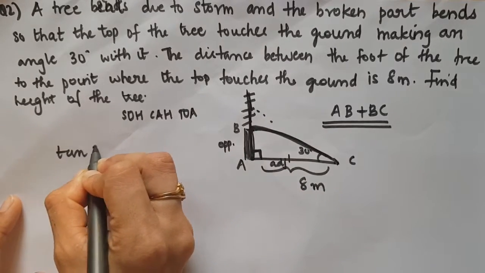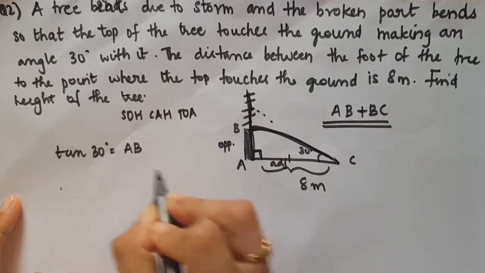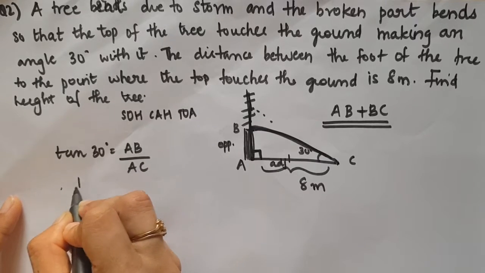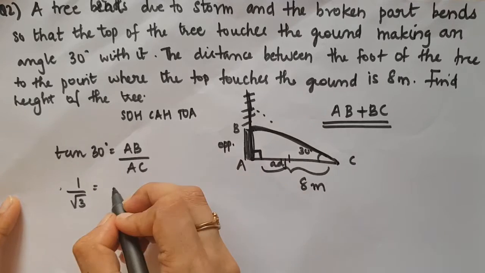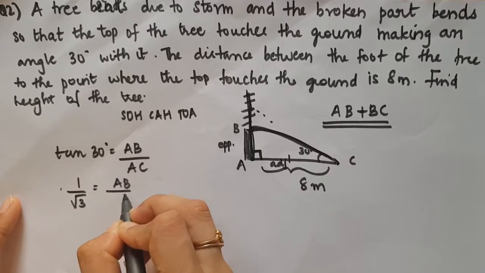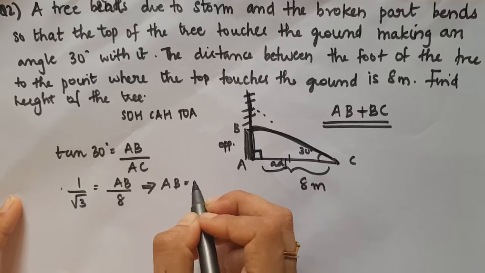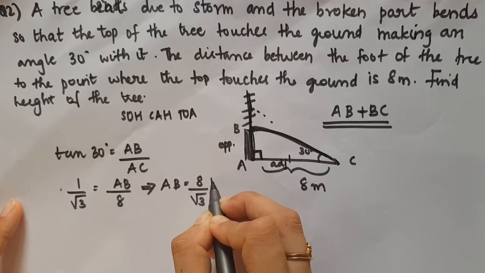Tan 30 degrees is equal to opposite AB by AC. Tan 30 degrees is 1 by root 3, equal to AB, which is not given, by AC, which is 8. That gives AB equal to 8 by root 3 meters.